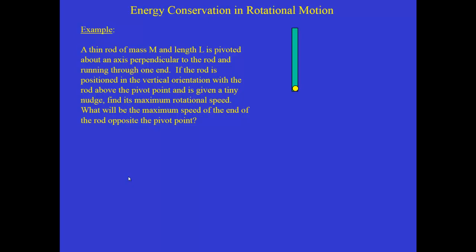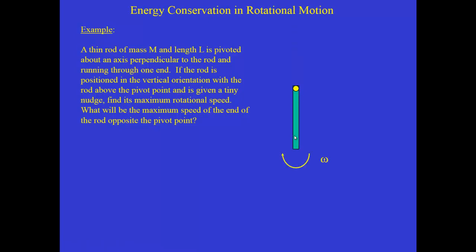So if this rod is positioned vertically and then just given a tiny nudge, it can swing around so that the rod that started out vertically will swing down, and let's imagine we give it a nudge to the right. It'll swing down in the clockwise sense and eventually reach the orientation where it's vertical again, but where the rod is now below the rotation axis, and it'll look like this at that point.